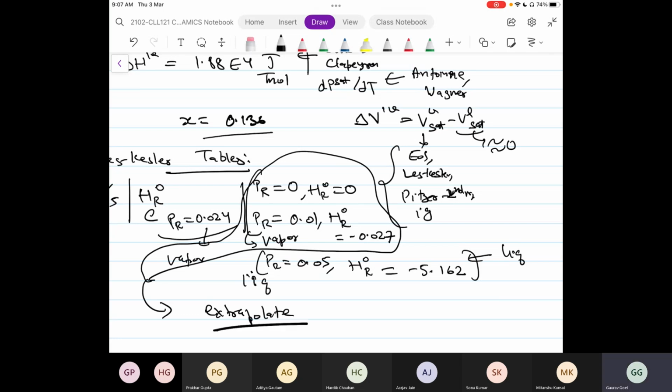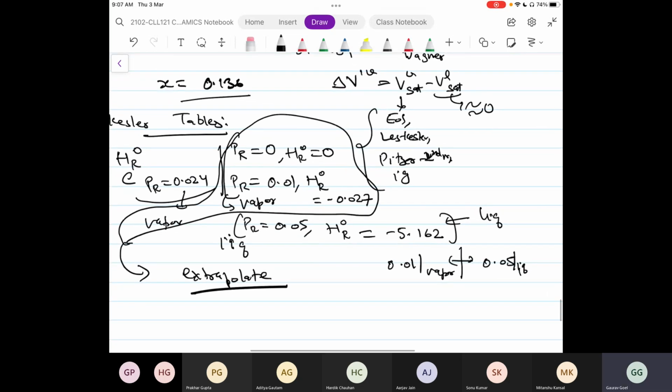Interpolation is always preferable, but here I cannot do interpolation between 0.01 and 0.05 because 0.01 is a vapor, 0.05 is a liquid. So I cannot interpolate between them to get the vapor property at some intermediate point. That would be wrong.